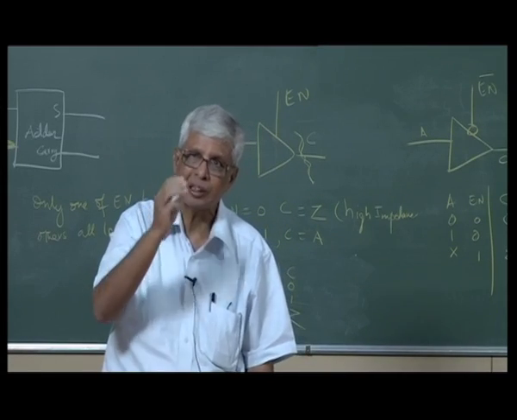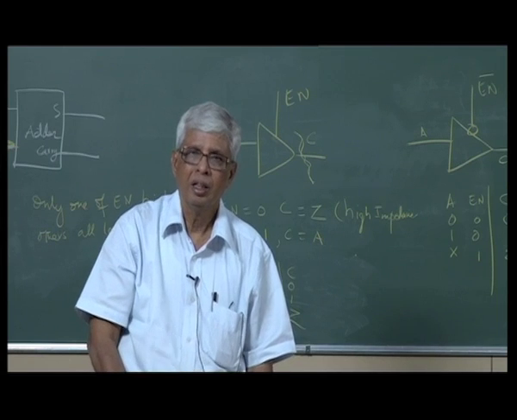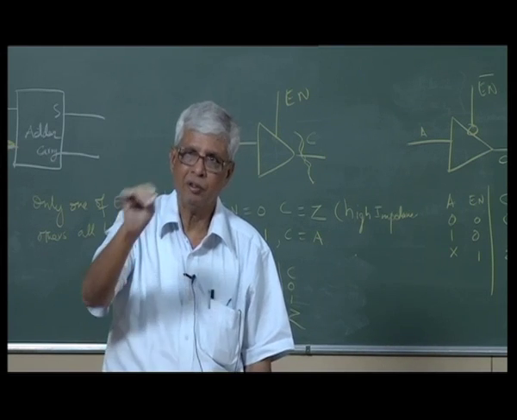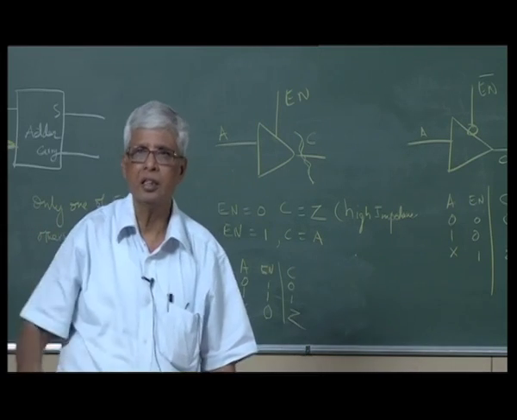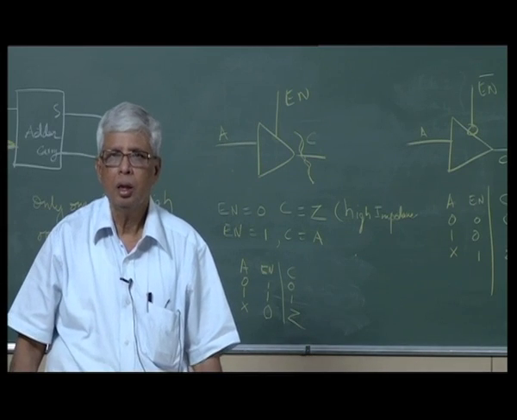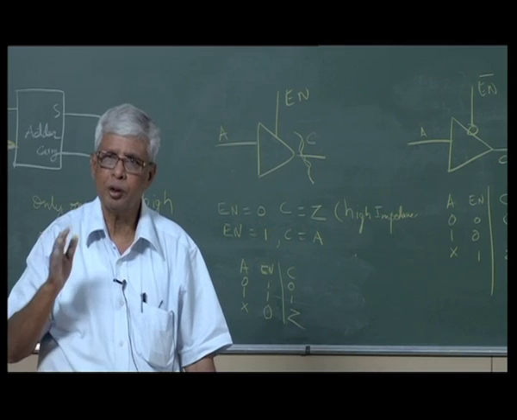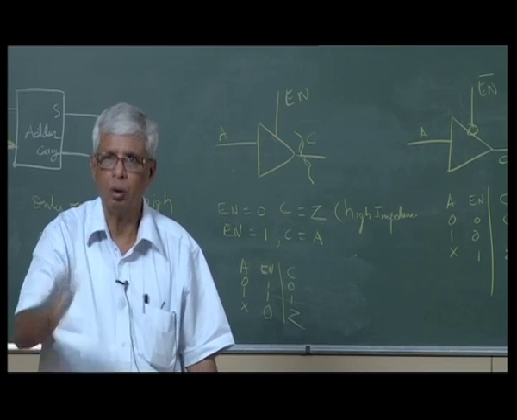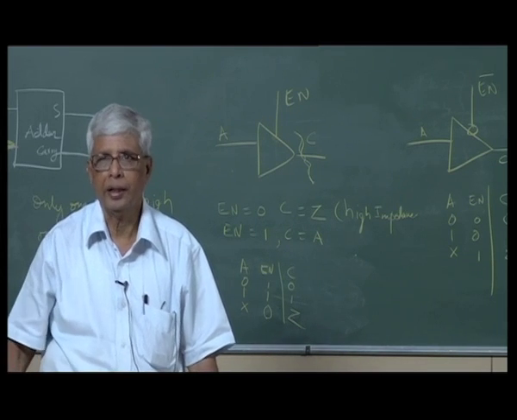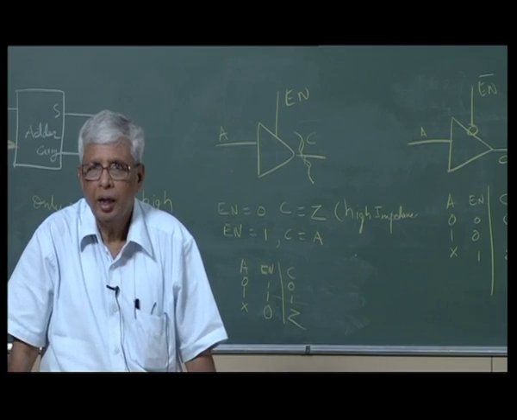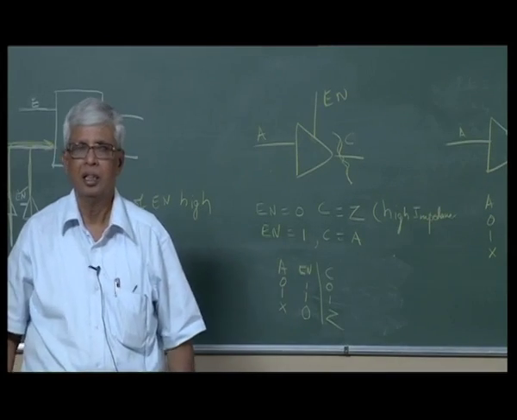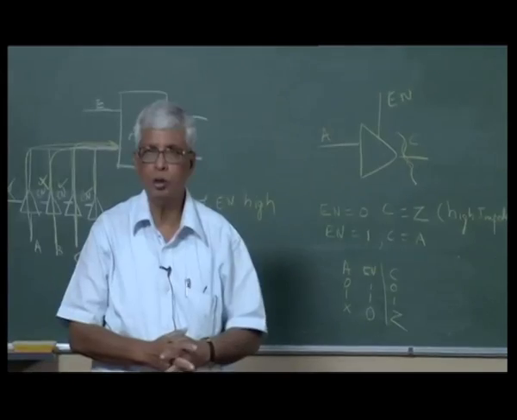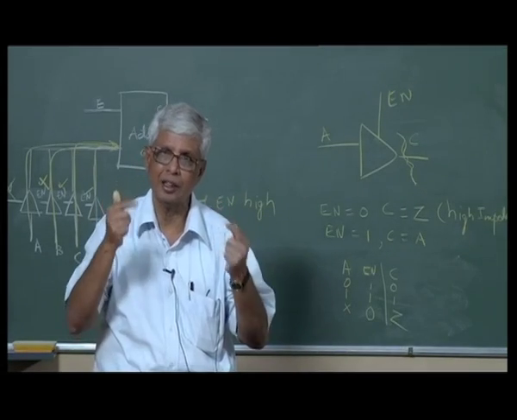Usually without enable signal, or a non 3-state buffer or a non 3-state gate, only 2 outputs are possible, 0 or 1, high or low, low or high. I have a third possibility of Z or high impedance by using an extra signal called enable.